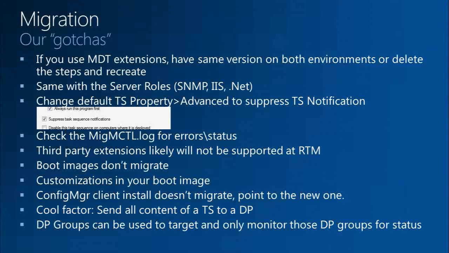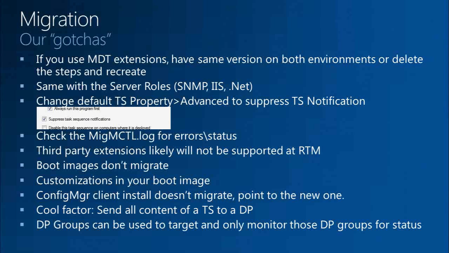Next thing is a cool feature of Config Manager 2012. They now have the ability that when I migrate, and in fact it really works for any task sequence, you can do a right-click and send to all DPs. What does this mean? In essence, I've migrated a task sequence over. It's got all these references to packages.